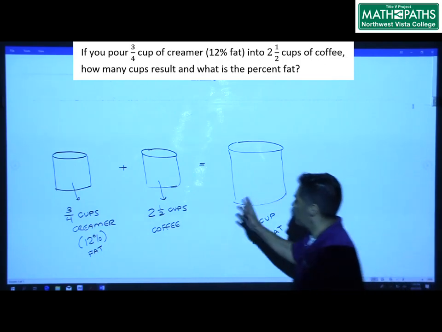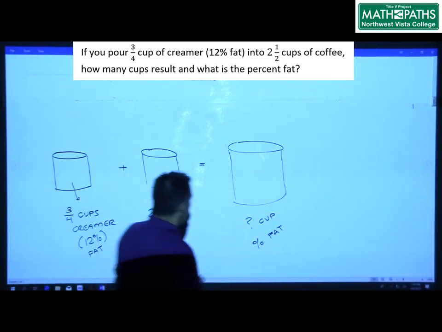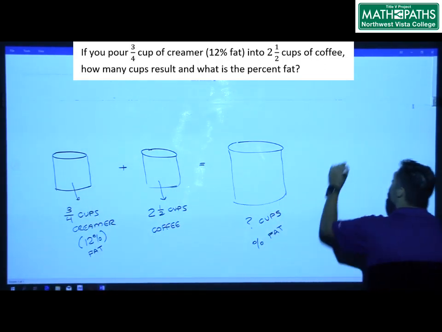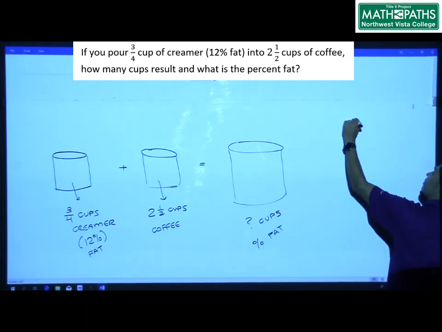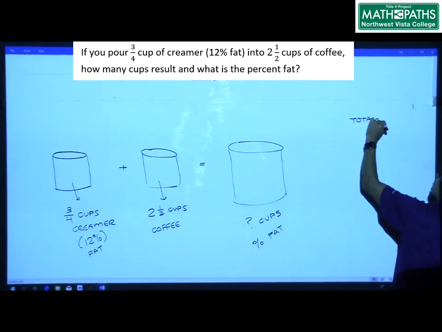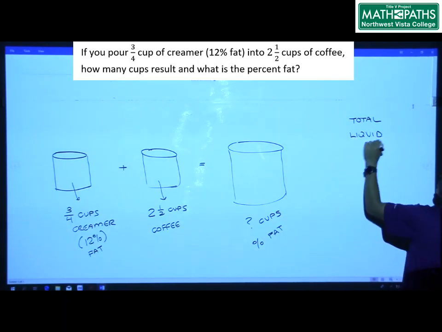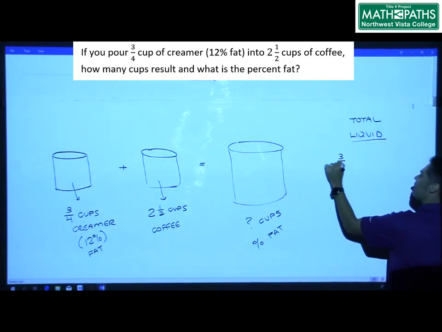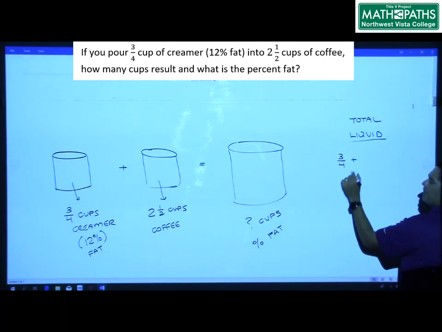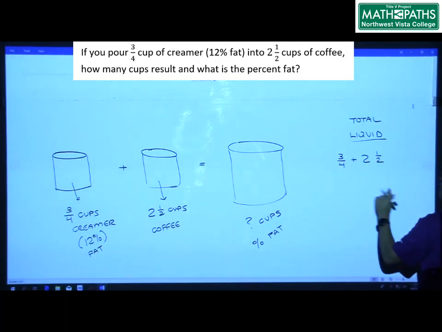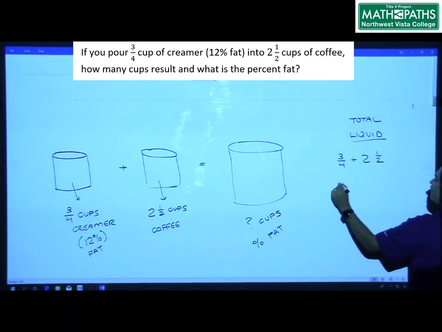So first of all, let's figure out how many cups of liquid we actually have. So the total liquid is going to be the 3/4 cups plus the 2.5 cups of coffee. So that's your creamer and your coffee added up.